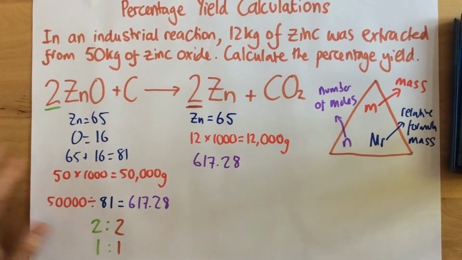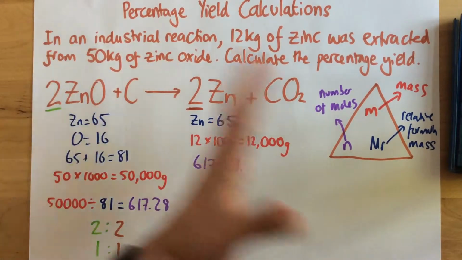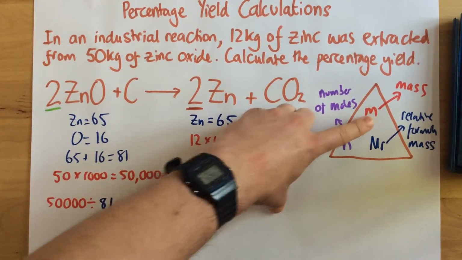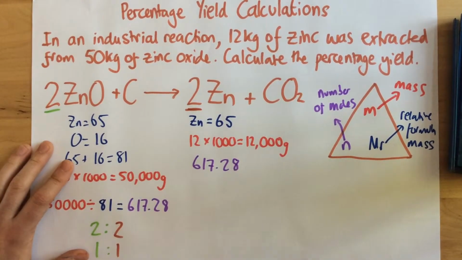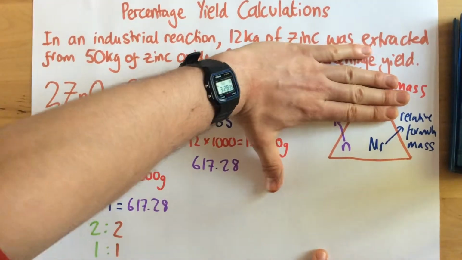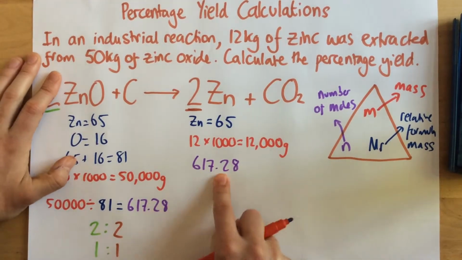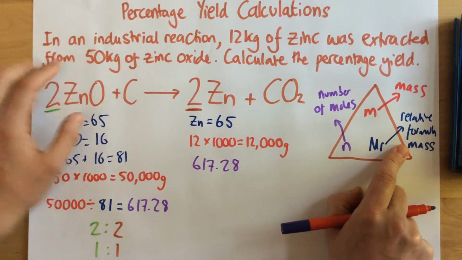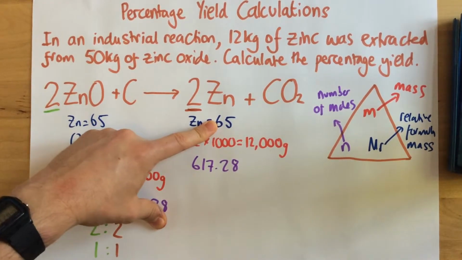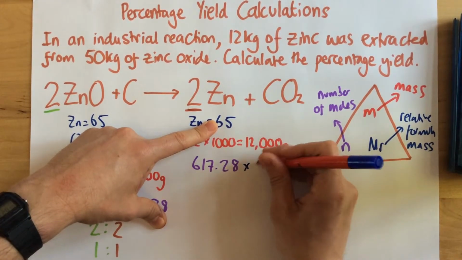Right. What I'm now going to do is figure out my theoretical yield. Remember, what that means is in a perfect world, if this reaction was perfect, what mass of zinc would I produce? So to find my mass, I'm going to cover that up, and I'm going to do my number of moles, which is this here, multiplied by my relative formula mass, which is here. Okay, so let's do that.